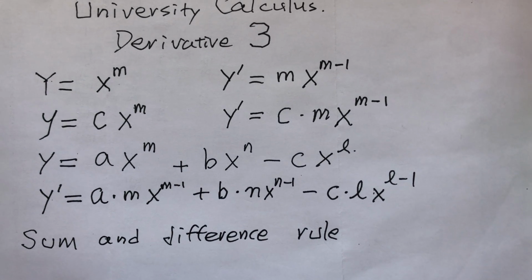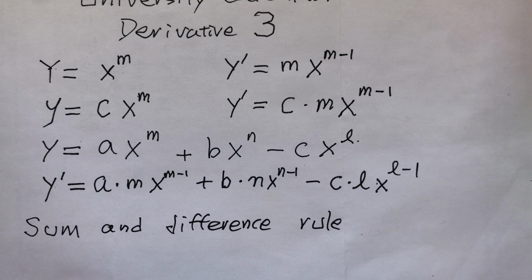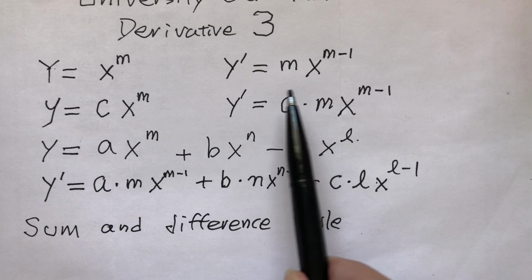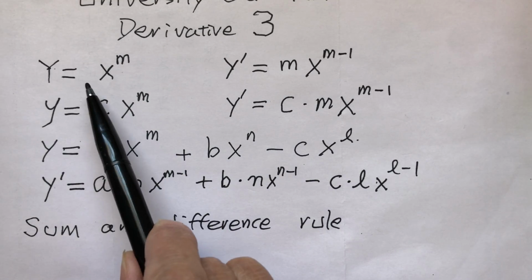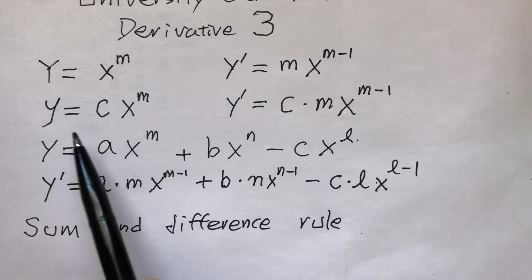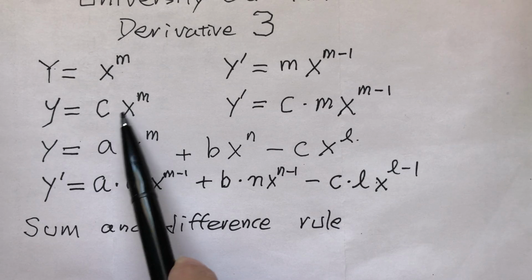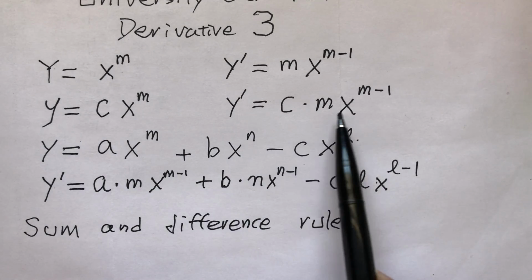Can you see this? Okay, let me summarize again. This line is called the power rule. It's a given function, and its derivative. This is the constant multiple rule. You have a constant, multiply this function, and the derivative is this.